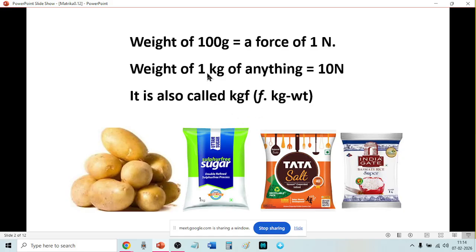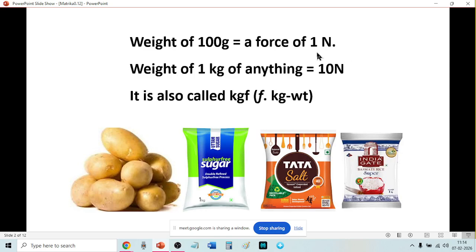So the weight of 1 kg is 1 kgf, that is 10 newtons. The weight of 100 grams is equal to 1 Newton force. A force of 1 kgf is equal to a force of 10 newtons, that is equal to the weight of 1 kg. And the weight of 100 grams would be 1 Newton.